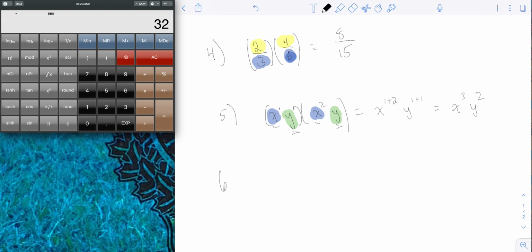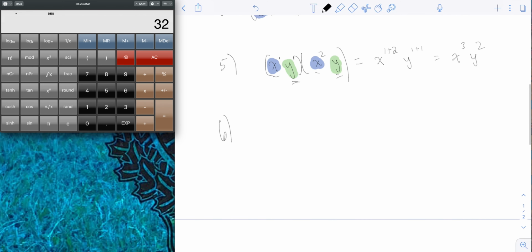That's important because you need to know you're just matching up bases. Then if I come down here, I can make one challenging question, and I'll use the same as the top here: xy multiplied by x squared y, but what if I wanted to divide by x squared y squared? What would you do?